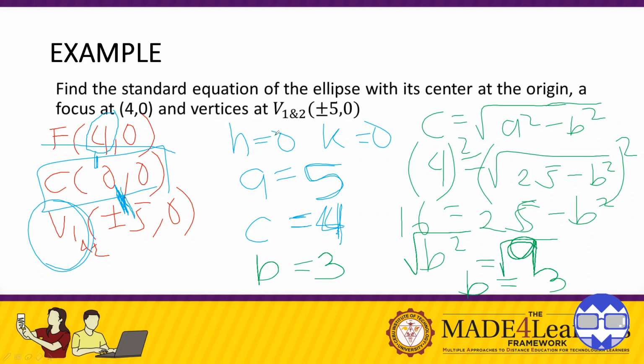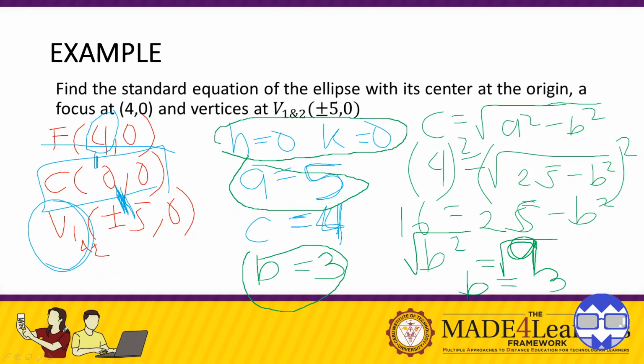If we have this information, we have a, we have b, and we have h and k, we can now get the standard equation.